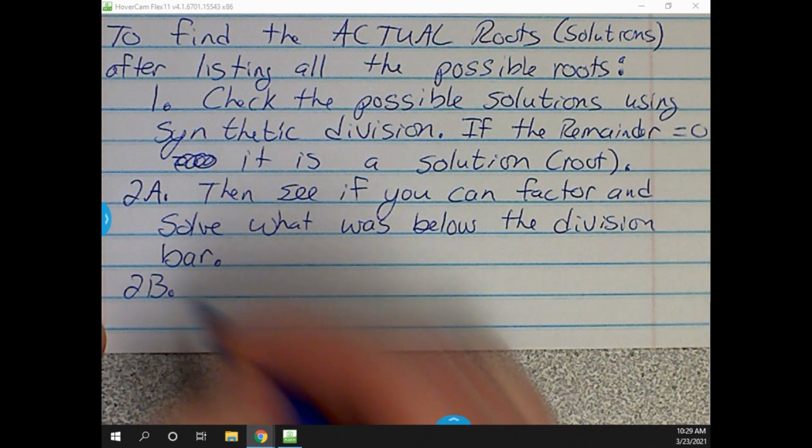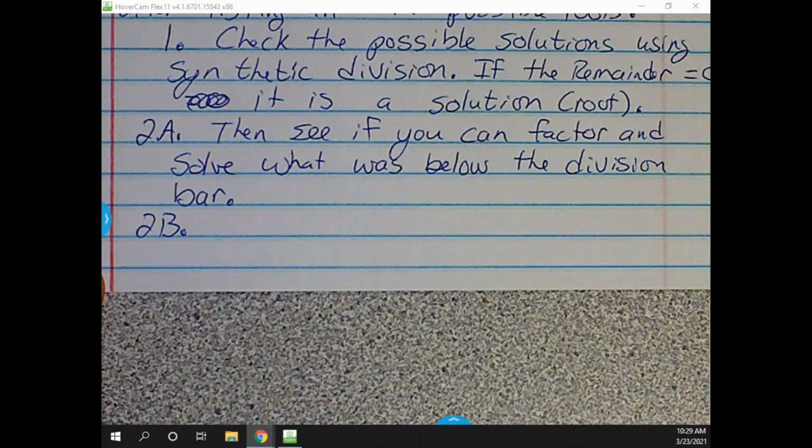For 2B, we'll say that if you cannot factor it, then you keep doing synthetic division.